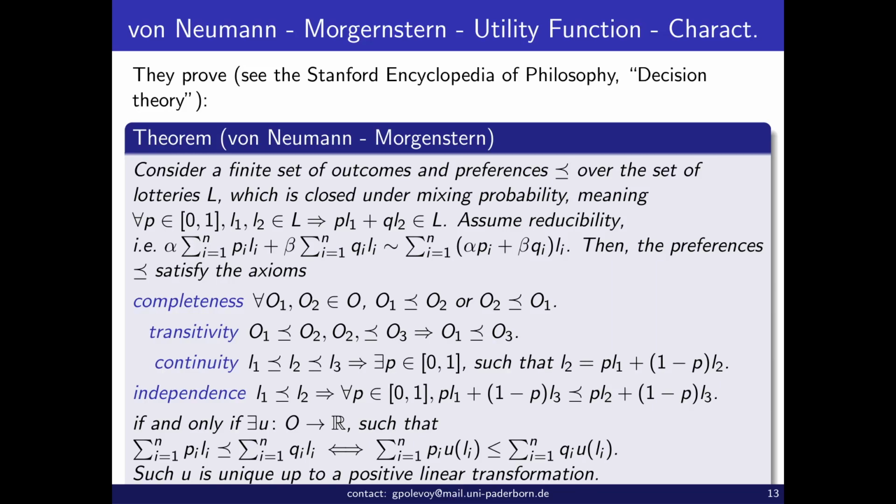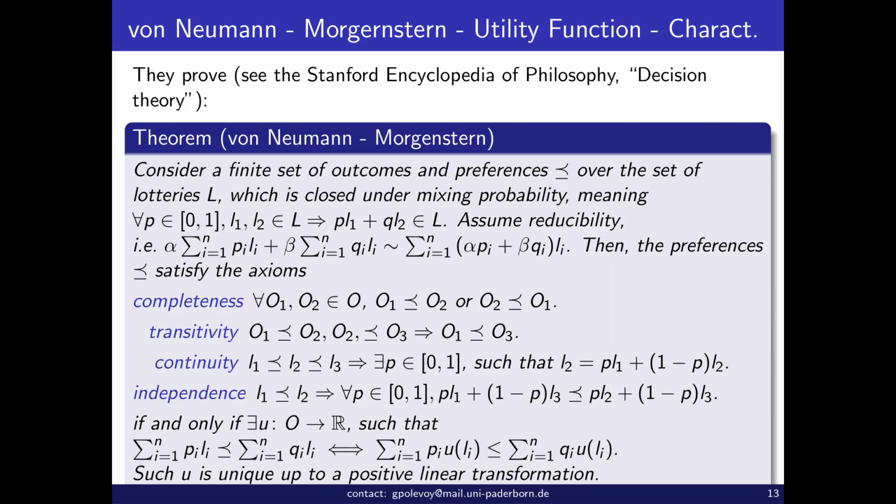So there is this linearity assumption, and then the preferences satisfy the axioms. The preferences satisfy the axioms, and we are going to cover the axioms soon, if and only if there is a utility function, which is what, as I've said, we want.